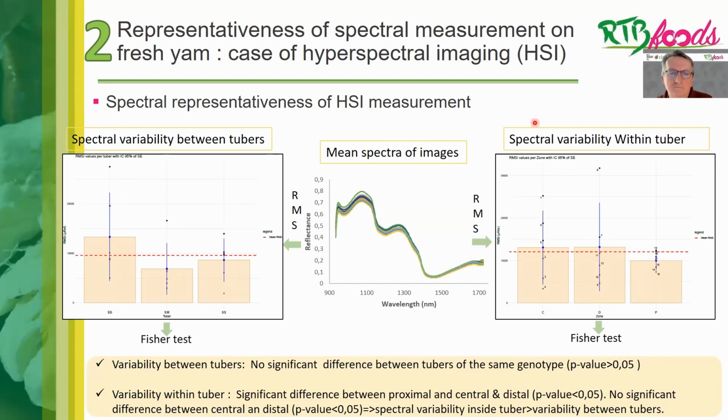Can you repeat the question from Didier? Can you ask your question? Didier says absence of variability between tubers for the same genotype. It's not absence, but not a very significant difference between the three tubers. Variability, but not significant. Is it observed in all the parts of the tuber?